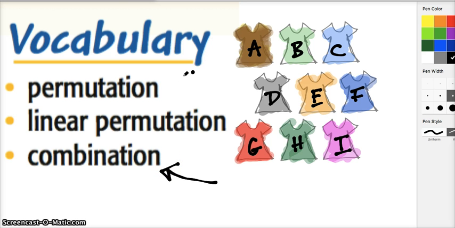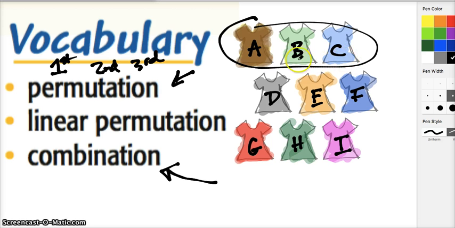But permutation is going to be like this. How many different ways can I choose 3 things and order them in rank of first, second, or third? So in that case, let's say I chose dresses A, B, C, but that's only one way of organizing that.